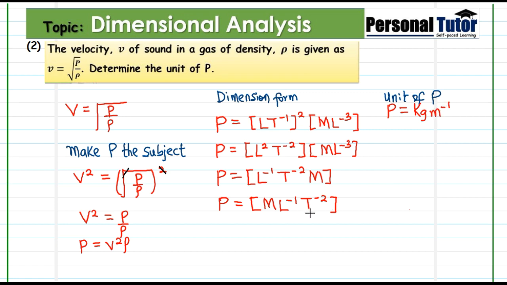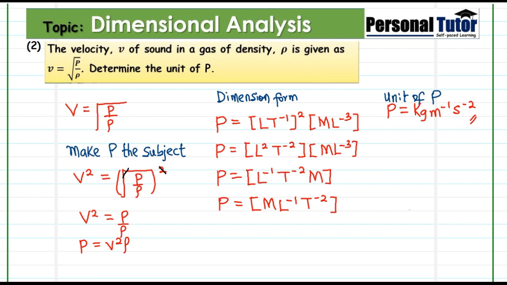And this is T, time, which has the unit seconds, also to the power negative 2. And so the unit of P is kilogram per meter second square. So this is how it is. Or some will say kilogram per meter per second square. This is how to determine the unit of P.